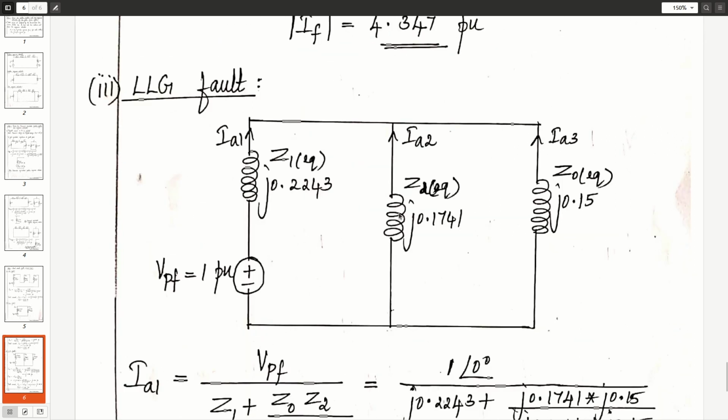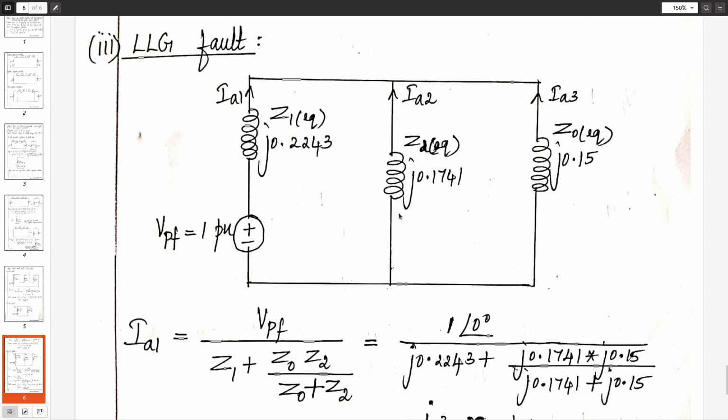The third type of fault is LLG fault. In LLG fault, we have the Thevenin's positive sequence network, negative sequence network, and zero sequence network, all 3 in parallel. Write down the formula for IA1. Substitute the values.